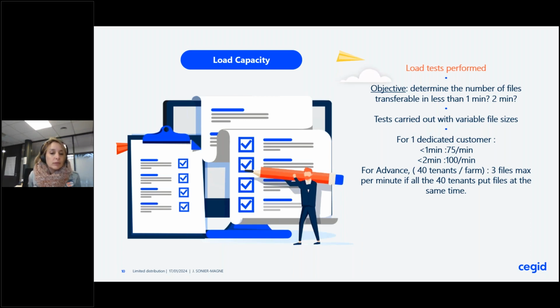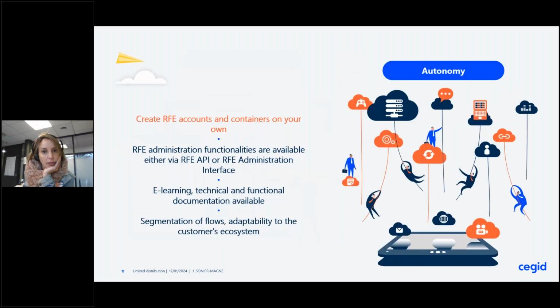So we can consider it can be a sufficient transfer delay. In terms of autonomy, you will be able to create RFE accounts and containers on your own without asking anything to Cegid.